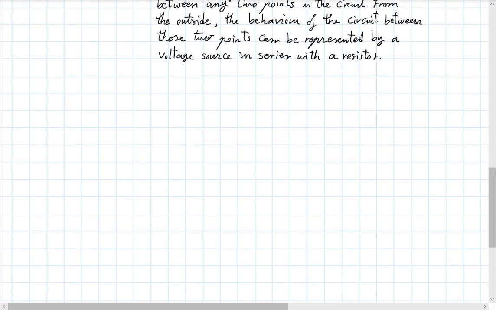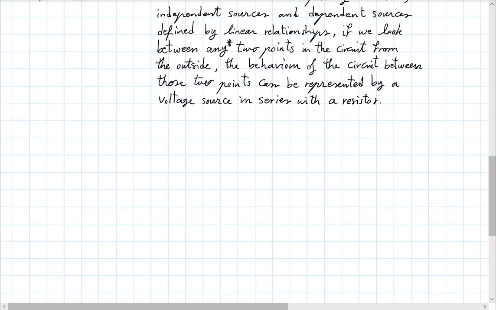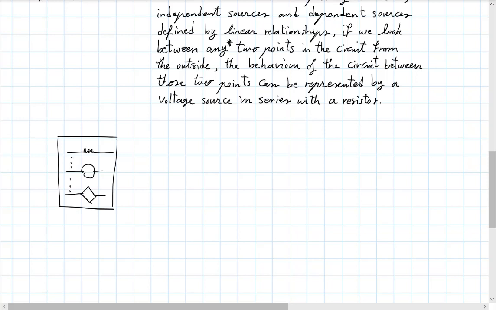So this is what we mean by this statement. Take a circuit that has a bunch of things in it, and it's inside a box. So you have a bunch of resistors, a bunch of independent sources, and a bunch of linear dependent sources. And there's many of these, and they are connected in a very general network. And out of this box, you bring 2 wires that are connected to 2 points in that circuit.